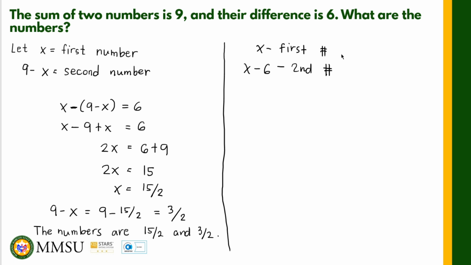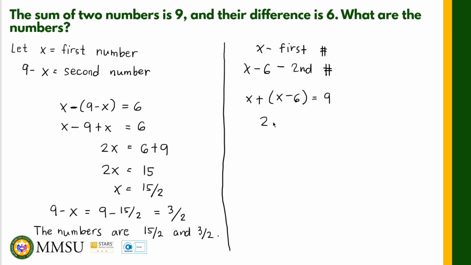So, we will come up with the same conclusion in the end. Okay, so, and then, kung meron na tayo, since nagamit na natin yung second statement to come up with an expression for the second number, ang gagamitin naman natin to come up with our equation is the first statement, that the sum of the two numbers is 9. Okay, kapag pinag-add natin itong dalawang numbers na to, x and x minus 6, the result is 9.